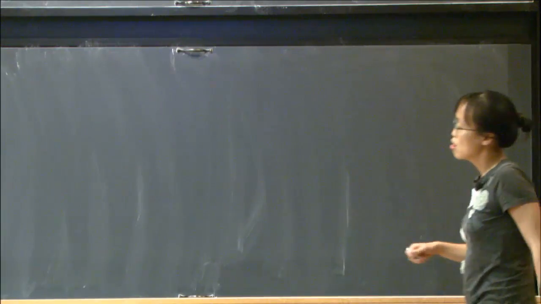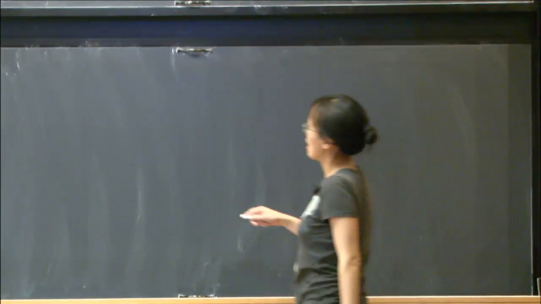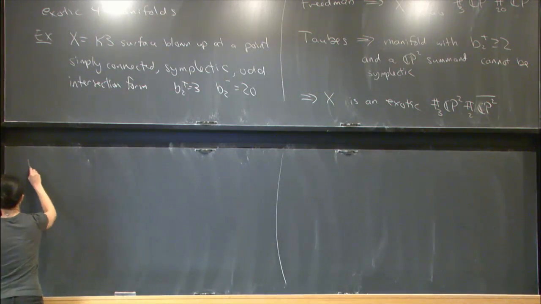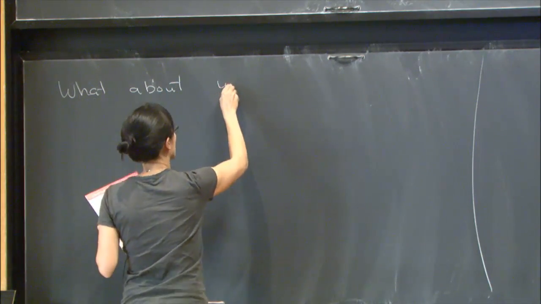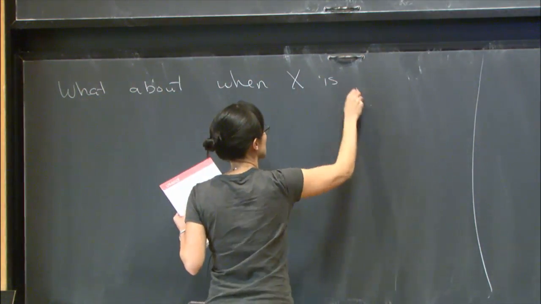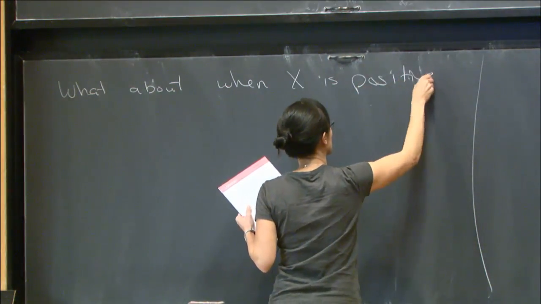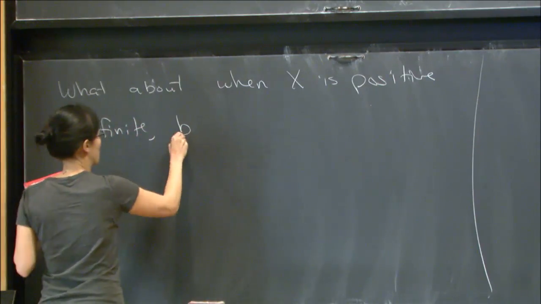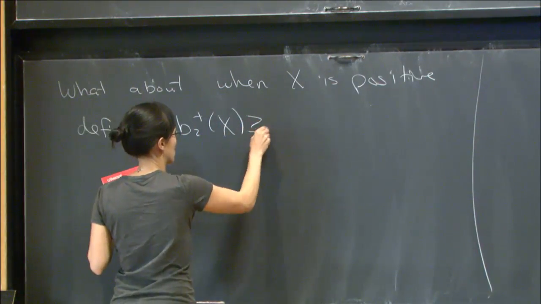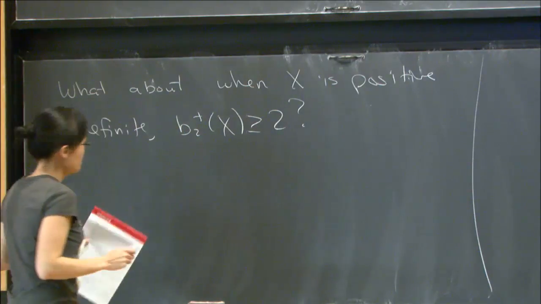So what case do we want to consider today? Today we're going to focus on the case where X is positive definite. That just means that its intersection form is positive definite, and b2 plus is at least 2. So what about an X that is positive definite with b2 plus at least 2?